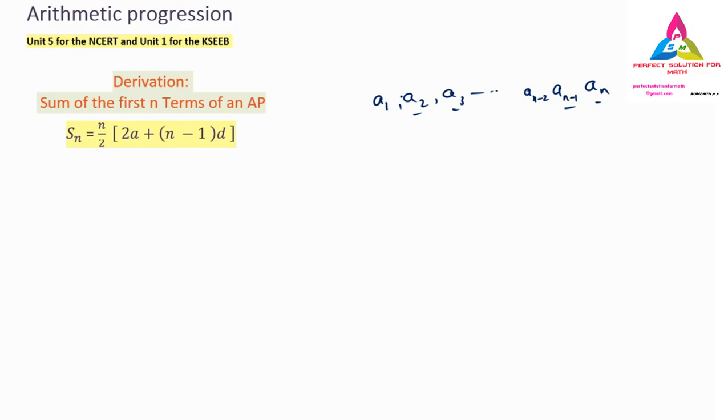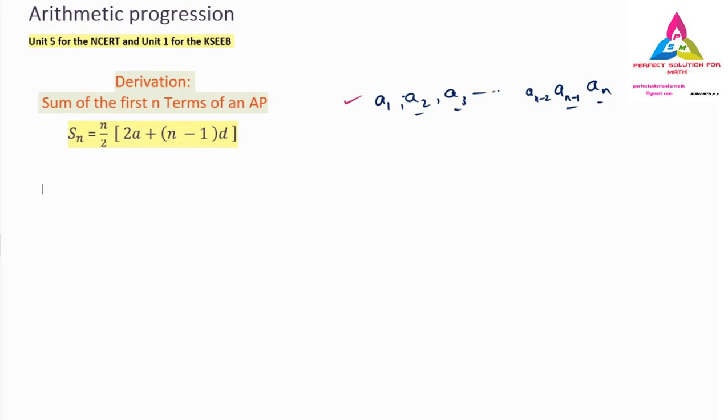Now coming to the derivation. Let an AP be A1, A2, A3, and so on, An minus 2, An minus 1, and lastly An. Why I have written this, you understood, because I have given the explanation over here.